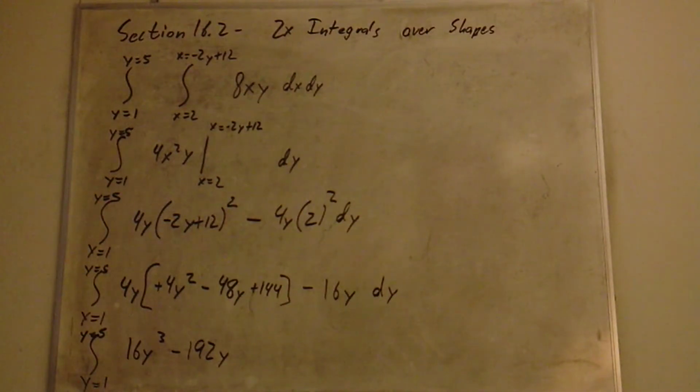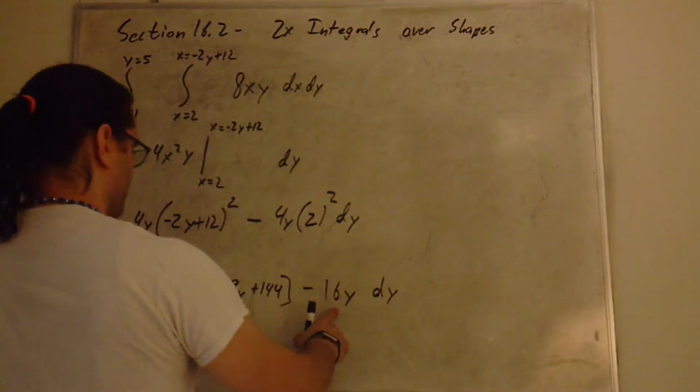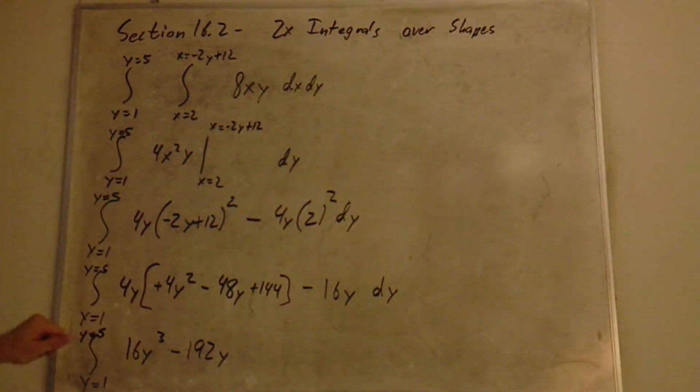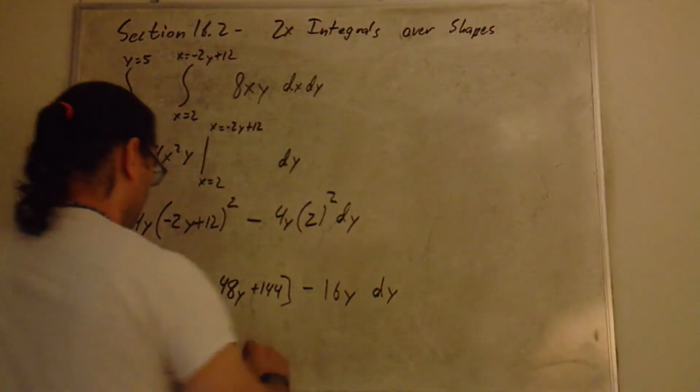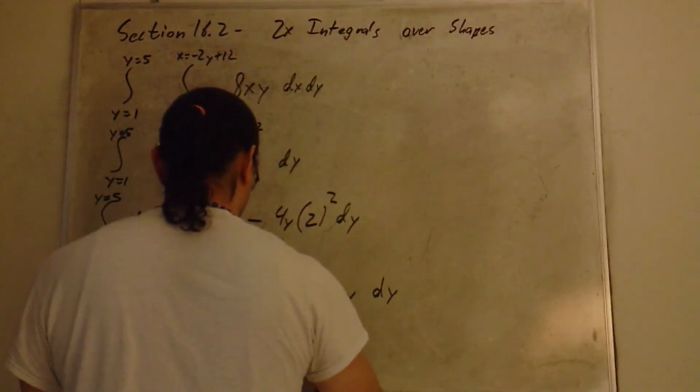So that'll give me 400 plus 160 plus 16, which is 576. But 576 minus 16 should leave me with just 560. Plus, sorry, this is y squared, 560y.